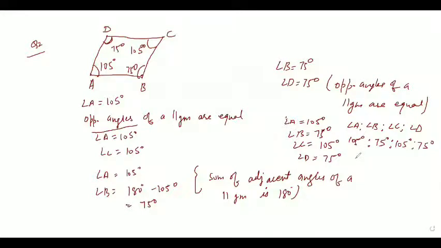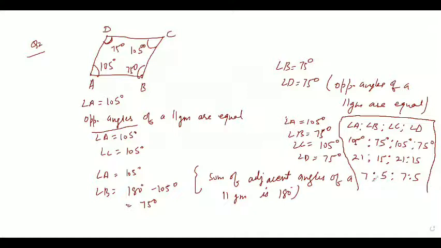It will go by 5: 21 is to 15 is to 21 is to 15, and it will go by 3 only: 7 is to 5 is to 7 is to 5. So here is the solution of the question which is asked, the measure of all the angles and the ratio. So this is our answer.